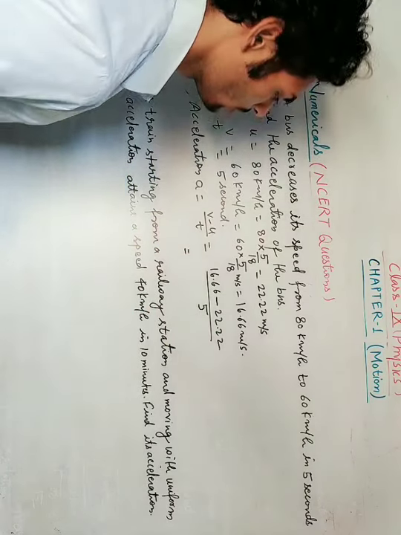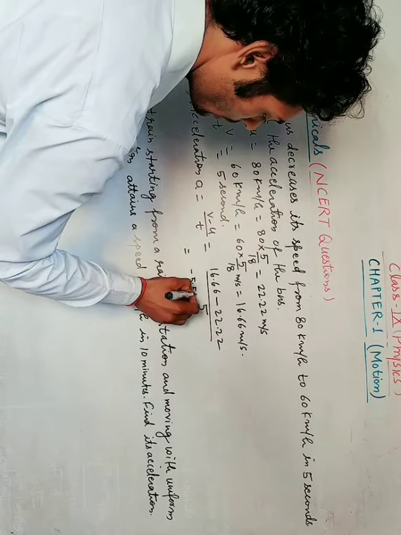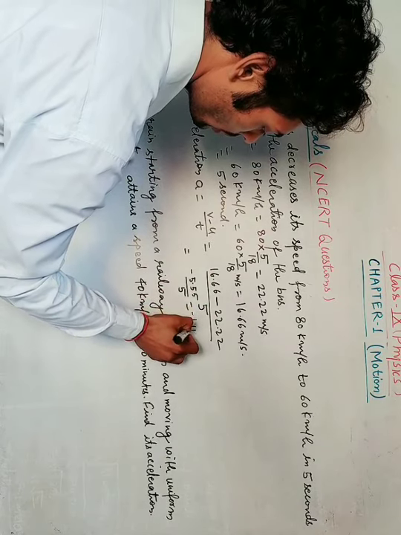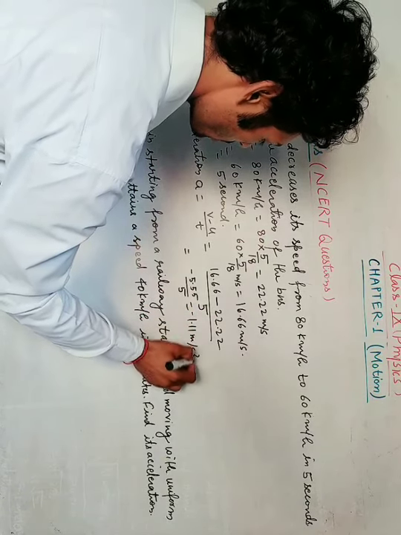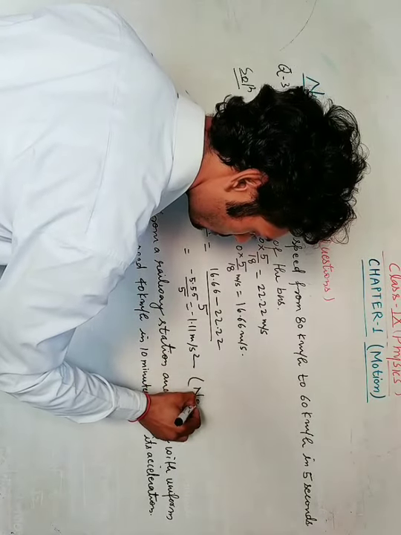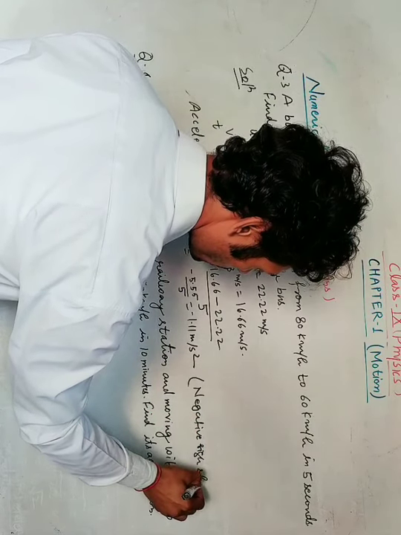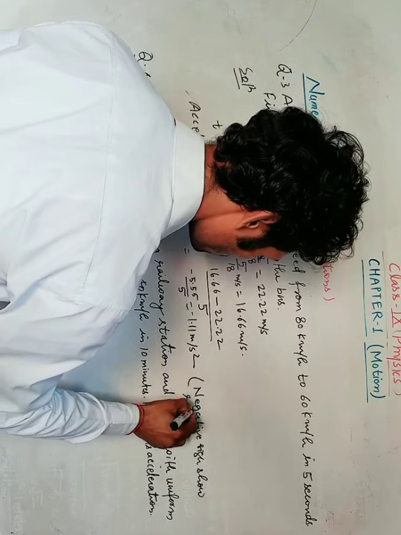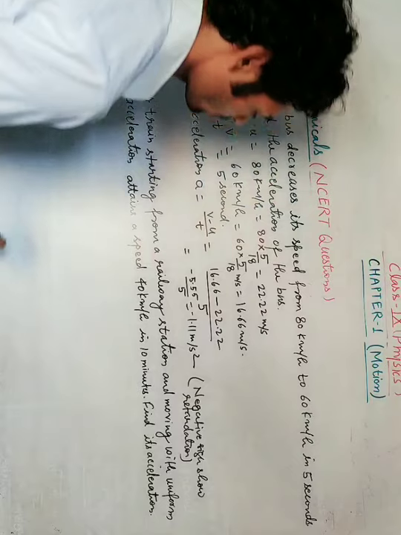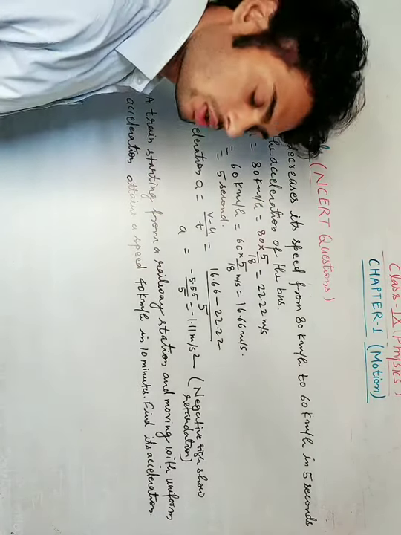After solving, minus 5.55 by 5, it becomes minus 1.11 meter per second square. So the negative sign shows retardation. So acceleration equals minus 1.11 meter per second square.